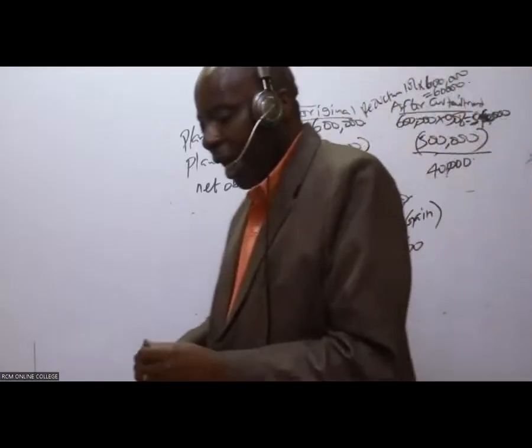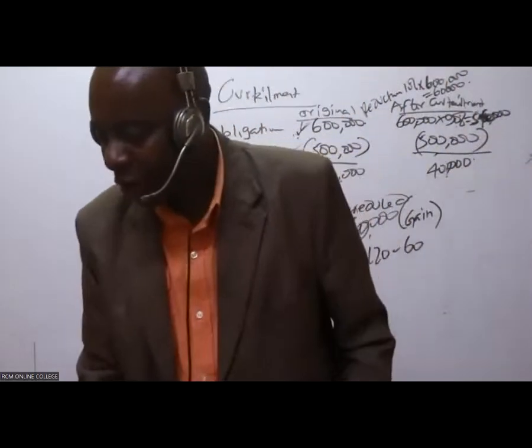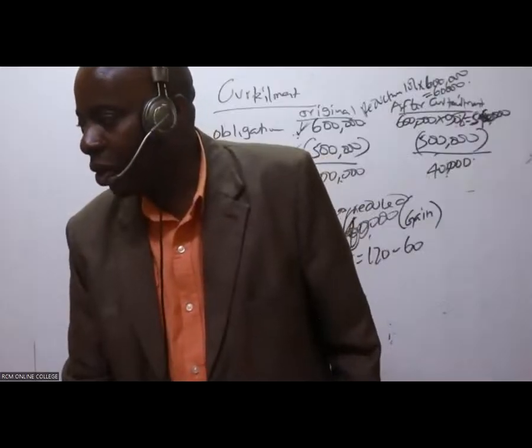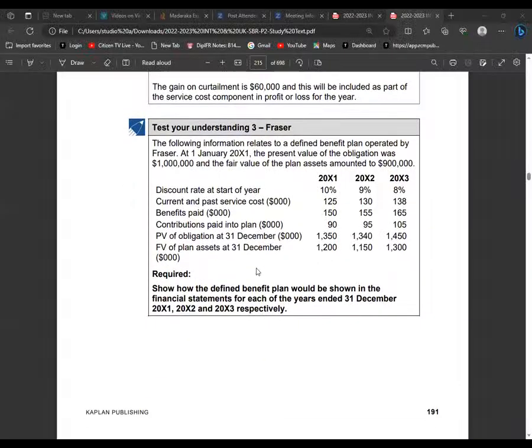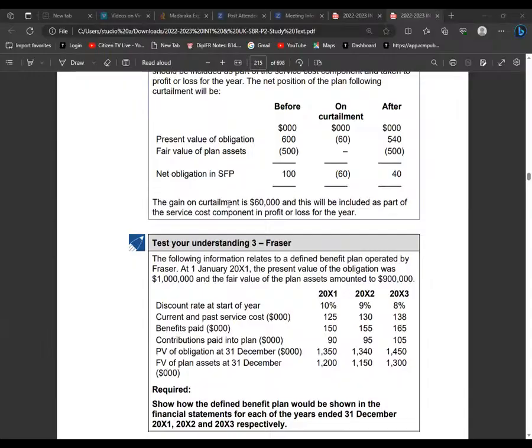If you're asked that curtailment gains or losses are normally adjusted on what? This is very, very important. The gain on curtailment is 60,000, and this will be included as part of the service cost component in the profit or loss for the year. Actually, I don't even want you to go to the mathematics of this.